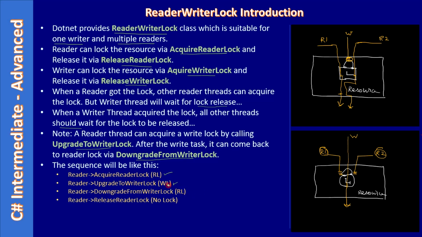So the mode is writer lock here, right? By calling downgrade from writer lock, it can come back to read lock mode. And once it releases the reader lock, because at present we are in reader lock, right? Once it releases the reader lock, there will be no lock. That means the resource is free. Any thread can acquire the lock.